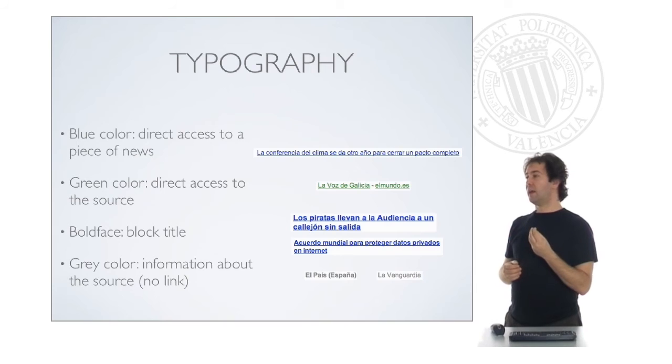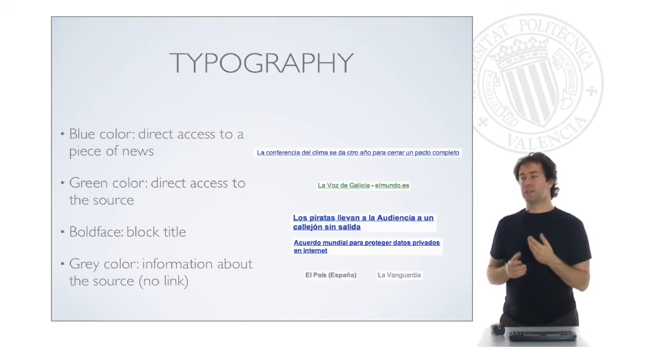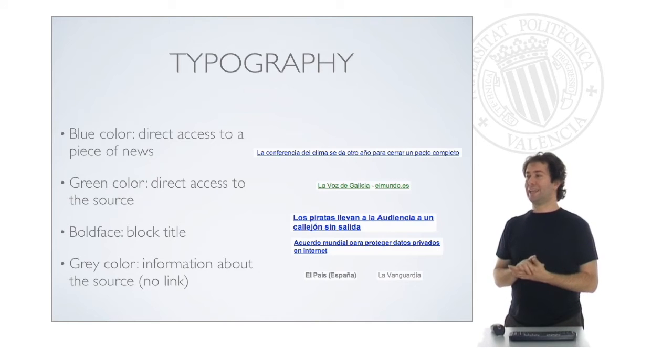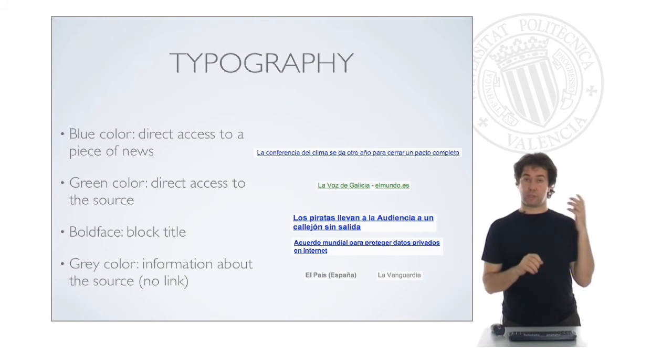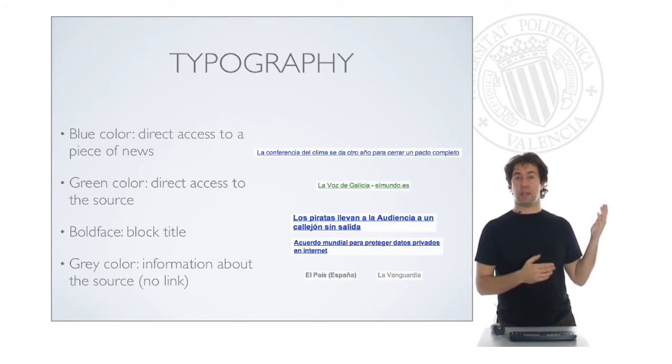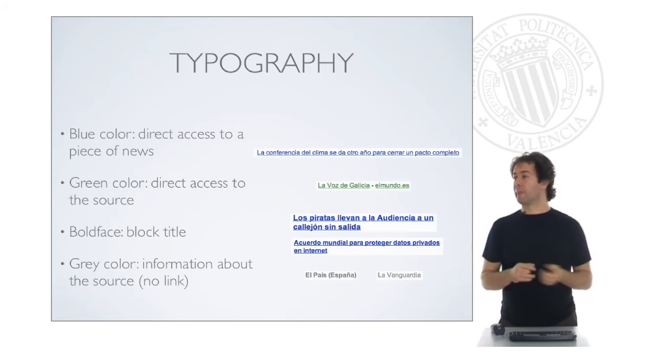For example, blue color in typography is used to indicate links which have a direct access to a piece of news. So when you see a blue link, this means that you have the title of the original piece of news, and if you click there, you will go to see that piece of news in the original media.